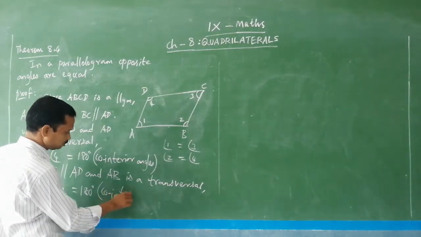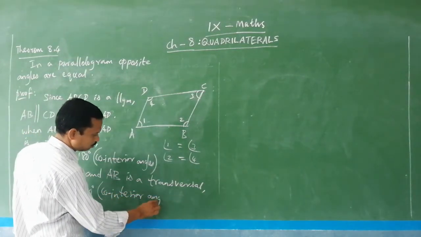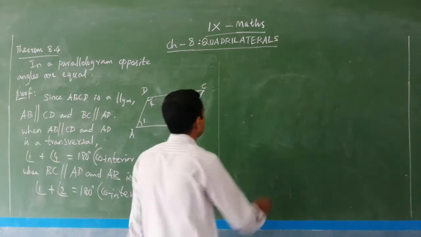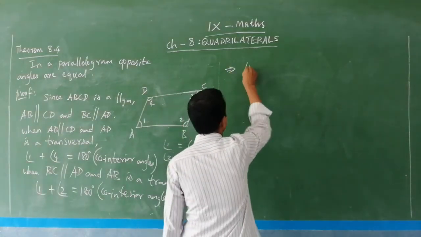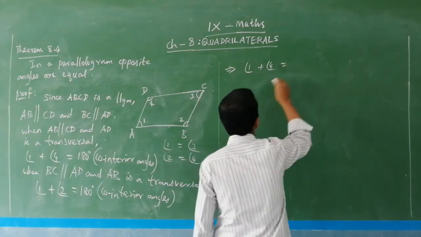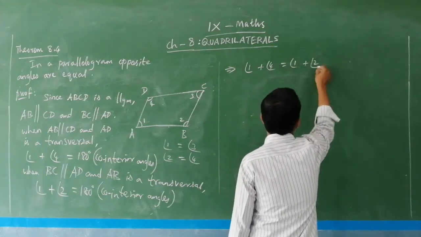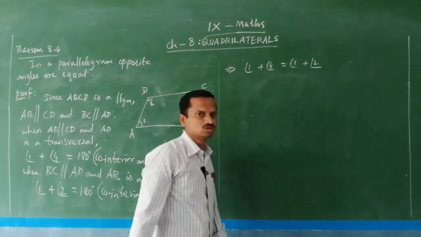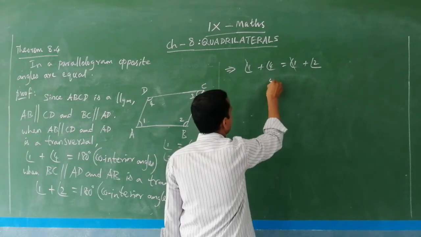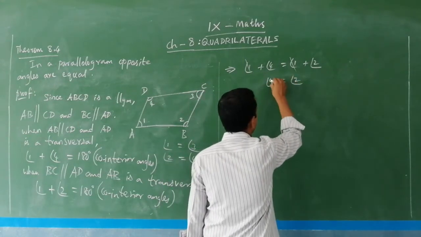So, by using the lines and angles concept, we are writing this. You see, the right hand sides of these two equations are equal, 180 and 180. So, the left hand sides automatically come equal. So, angle 1 plus angle 4 is equal to angle 1 plus angle 2. The same angle on either side cancels. Okay. So, you get angle 4 equal to angle 2.